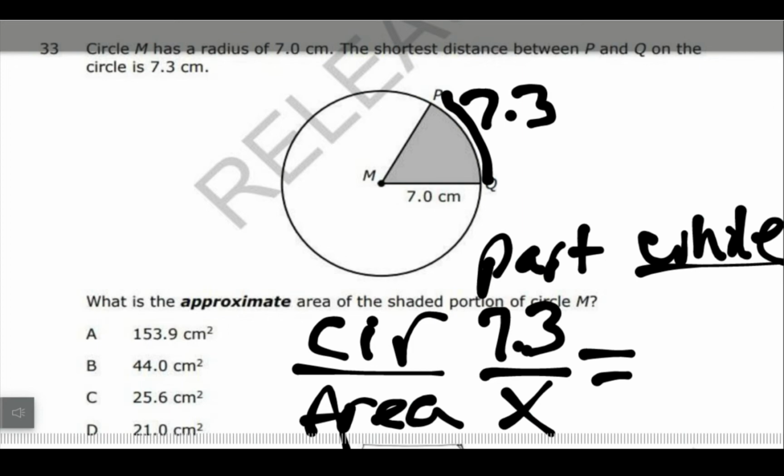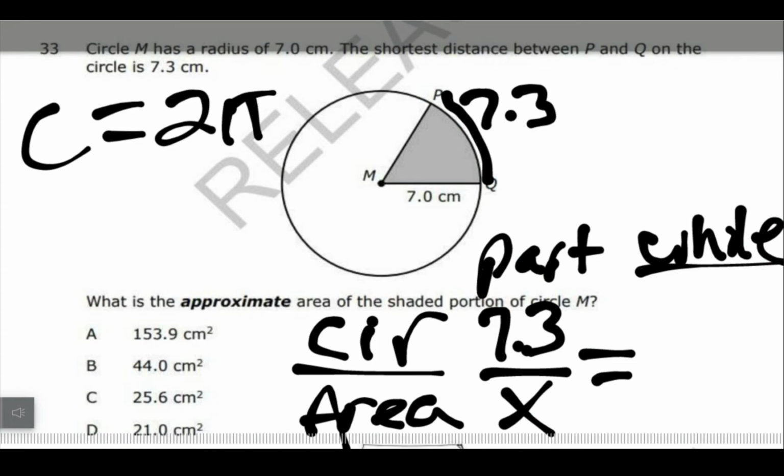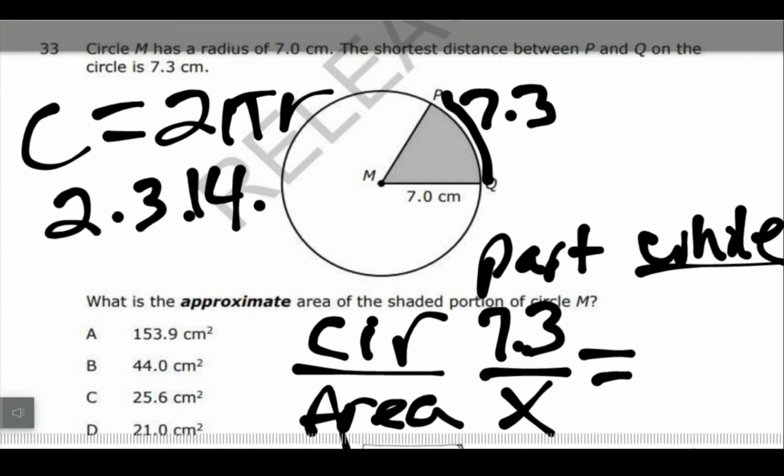For the whole circle circumference, I remember that the formula is 2 pi r. So I do 2 times pi times r, which they did give us, r is 7. So 2 times pi times 7 should give me 43.96.